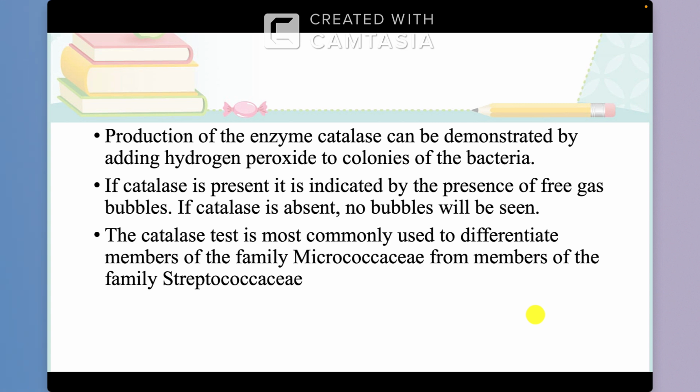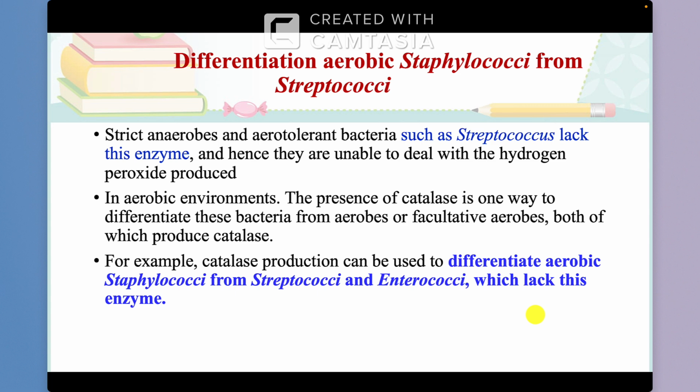Streptococcus lacks this enzyme, and Staphylococcus produces it, which helps us differentiate the facultative aerobic Staphylococcus.